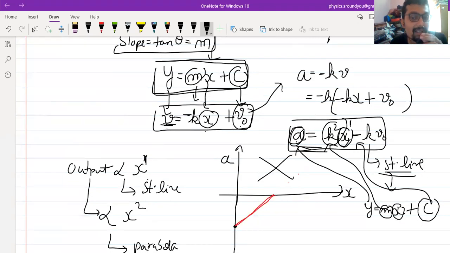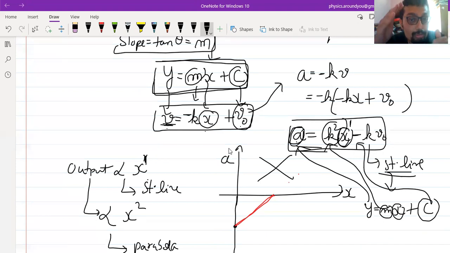Comparing this with the standard form of a straight line, I got to know the Ax graph will be a straight line with a positive slope and negative y-intercept. So this is how the Ax graph will look like for the particle.